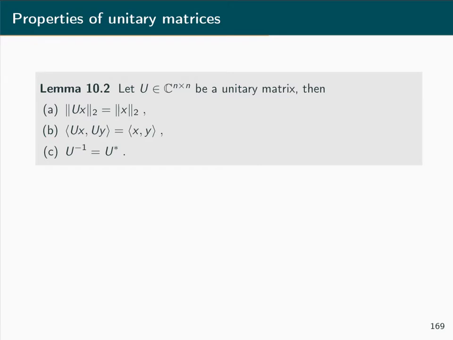B, the inner product of U times x with U times y is equal to the inner product of x with y. And finally C, as we've already seen, the inverse of a unitary matrix is equal to its adjoint.